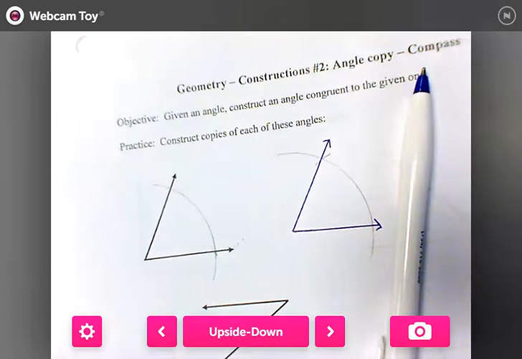I'm going to give you a little while. Mr. Bergman and I are going to walk around and make sure you're writing something. What's your first step?